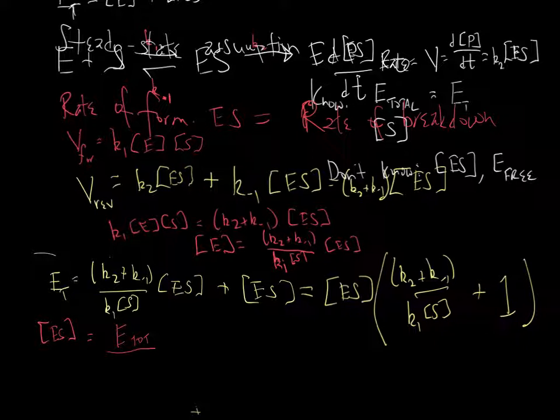We have E total divided by 1 plus K2 plus K minus 1 over K1 S. Okay.